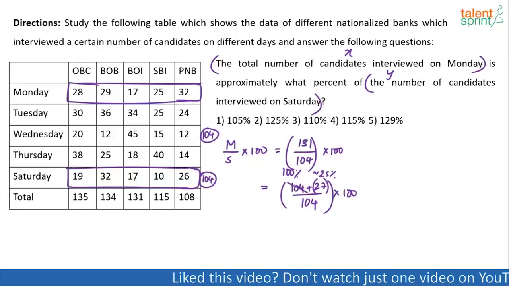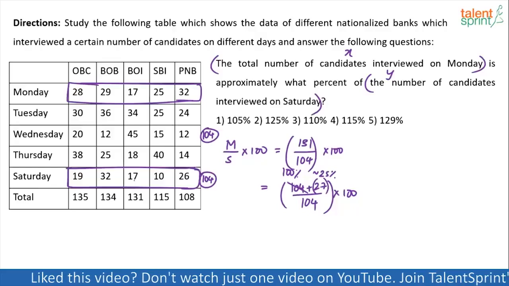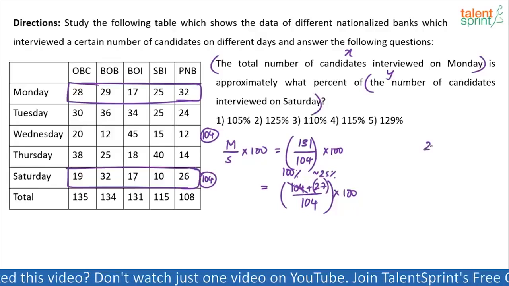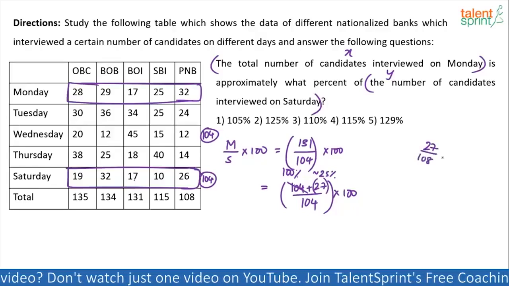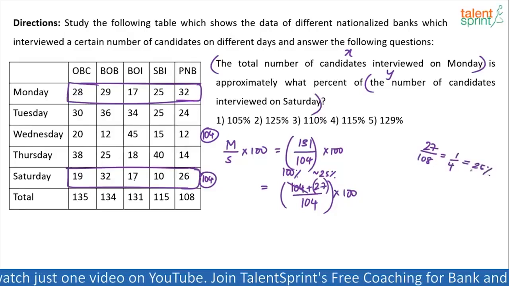More than 25% or less than 25%? It will be slightly more than 25%. You're getting it? 27 by 108 is equal to 1 by 4, which is equal to 25%.